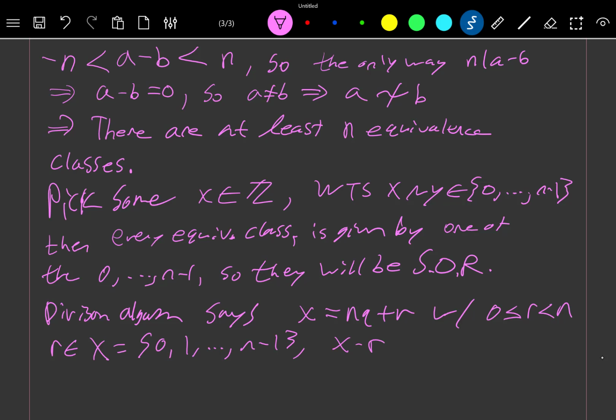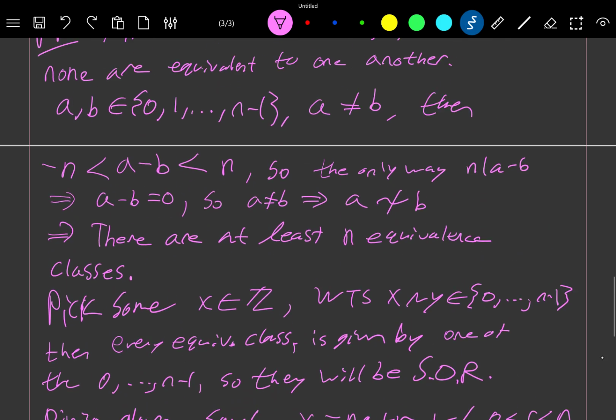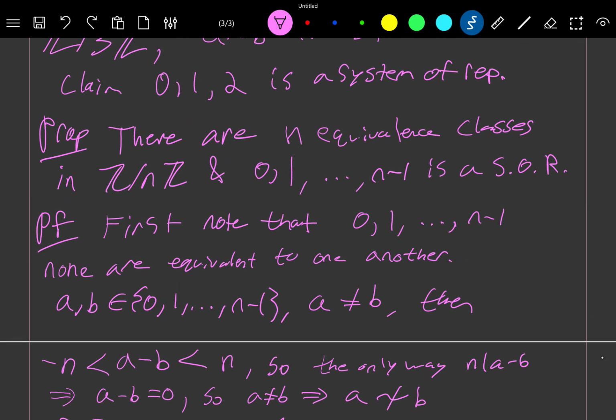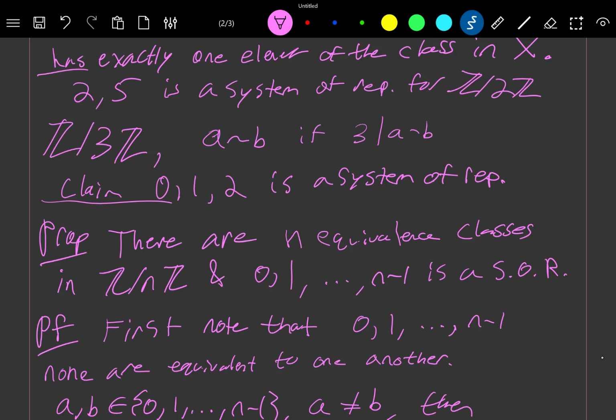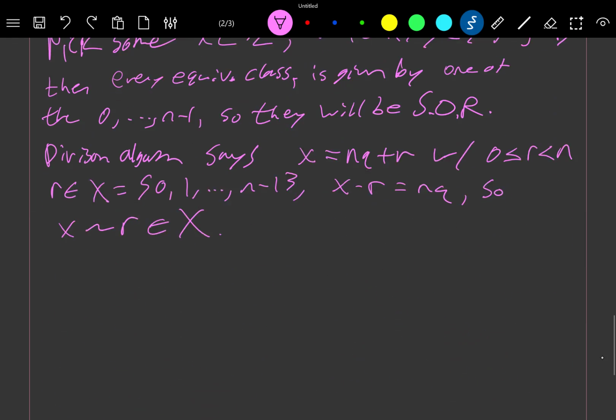Namely, x minus r is nq, so x is related to r, which is in the set X. Thus, every integer is related to some element in the set 0 to n minus 1, and this forms a system of representatives for Z mod nZ. So here we have Z mod 3Z, a is equivalent to b if 3 divides a minus b, and 0, 1, 2 is a system of representatives.